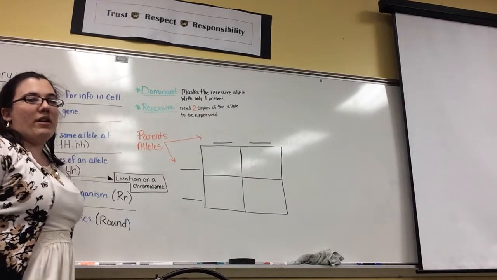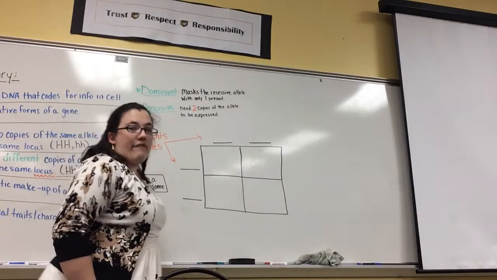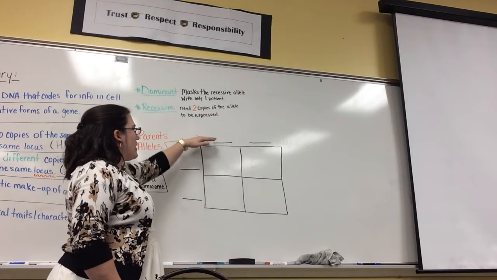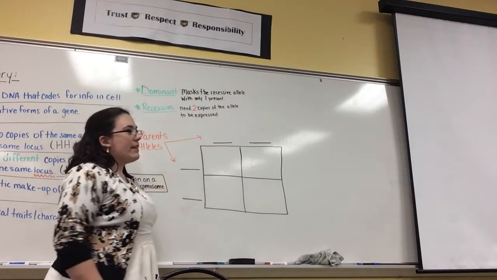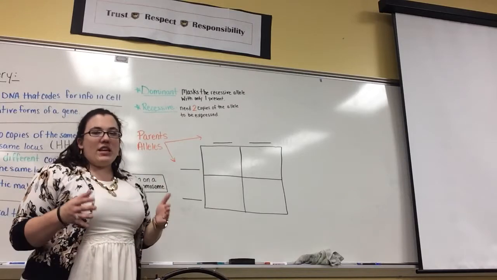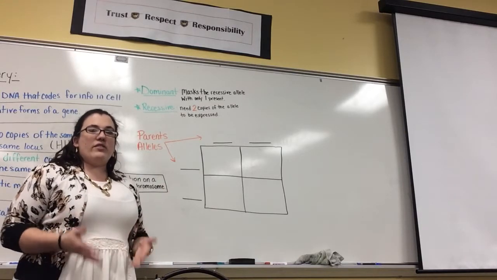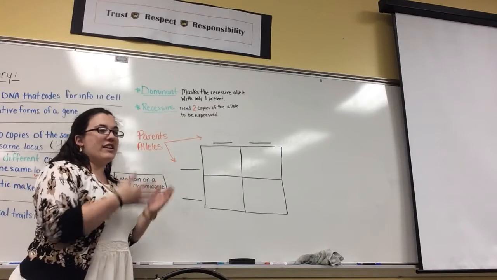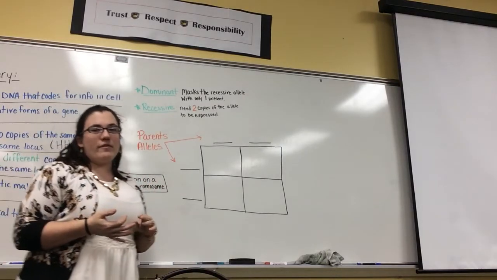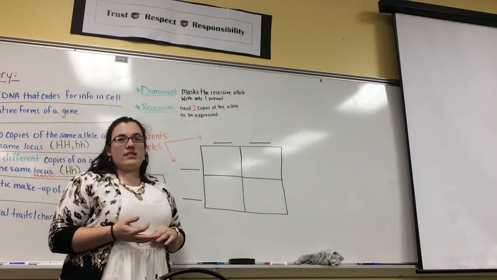We're going to actually understand what those boxes mean. So when you fill out a Punnett square, you want to make sure that first you put the parents' alleles along the top and then along the side. And that's what those are actually expressing. You're showing the combination of alleles that parent can pass on to their offspring. And so you get one allele from each parent, and that's what makes a trait.